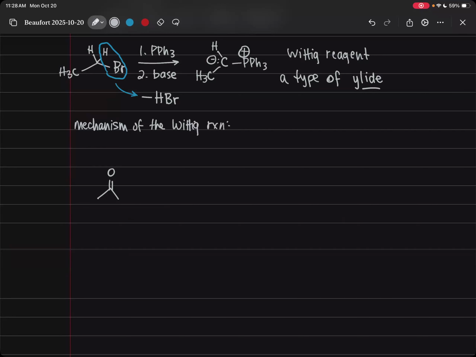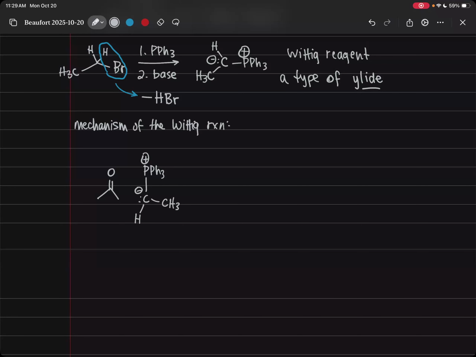We have our ketone, and let's say right next to it, we have our Wittig reagent, aka the ylide. Okay.